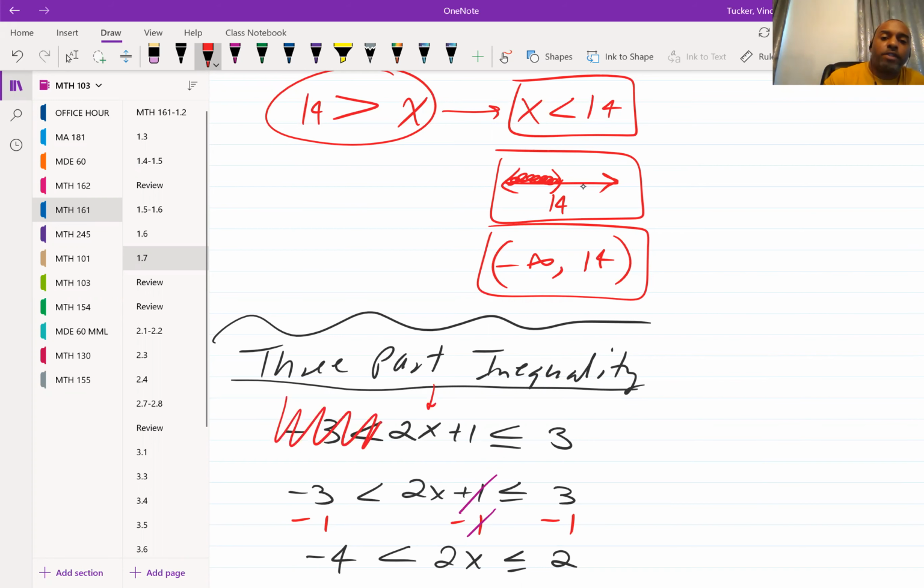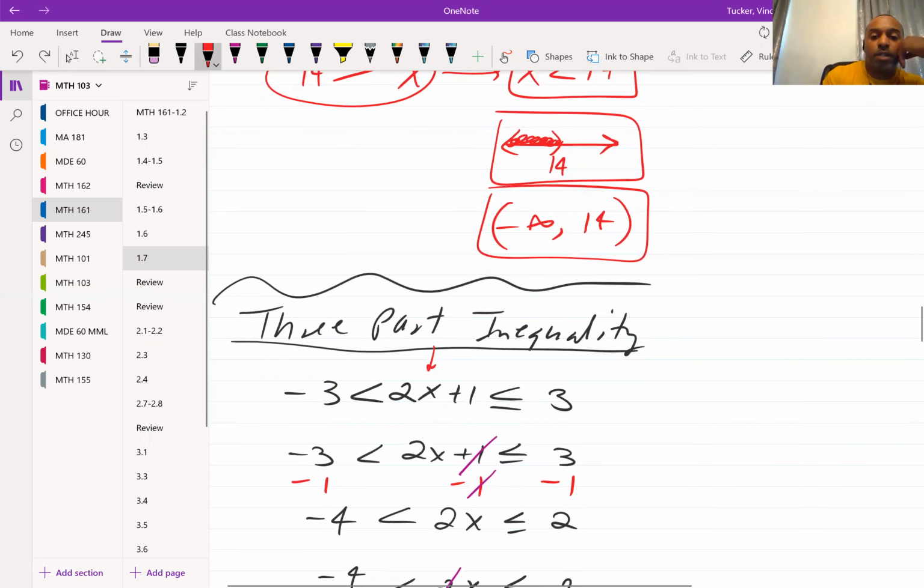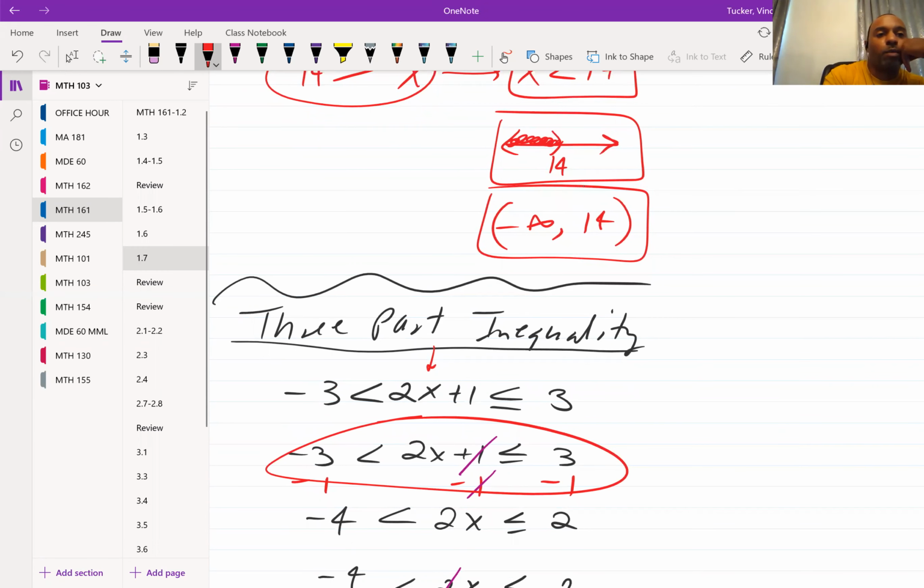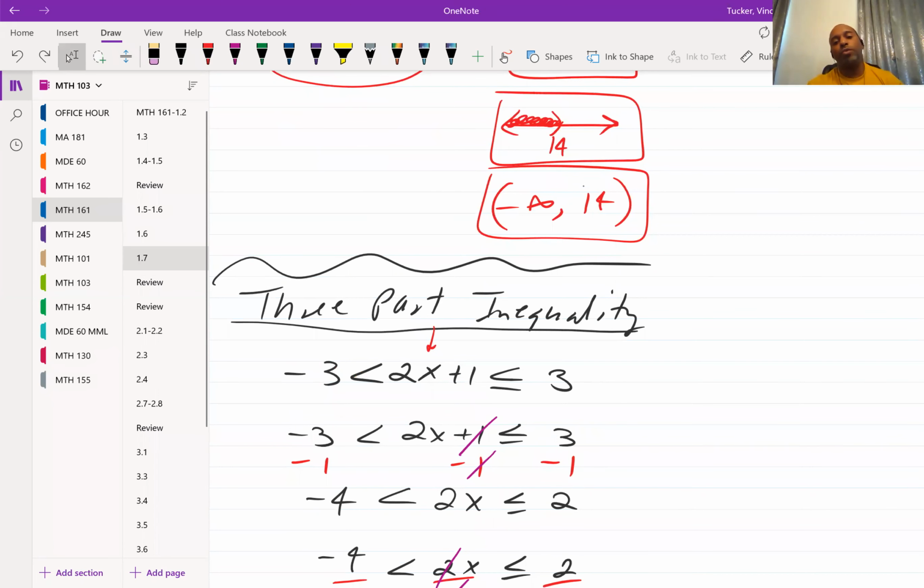If you had this equation and didn't have that left piece, and you wanted to solve for x, you would subtract 1 from both sides. You hold true to that same thought process, but you're going to subtract 1 from all 3 parts. So that's what we did here: subtracting 1 from all 3 parts. So that's -4, 2x, and 1.